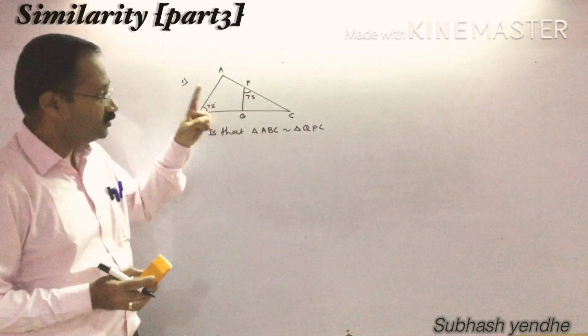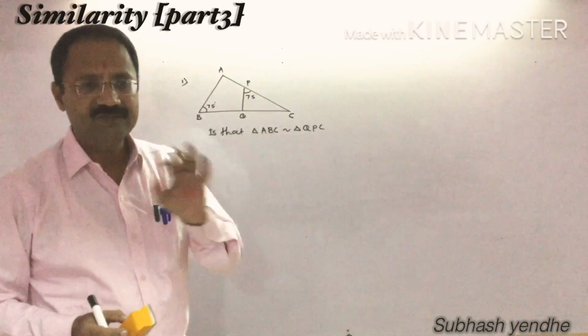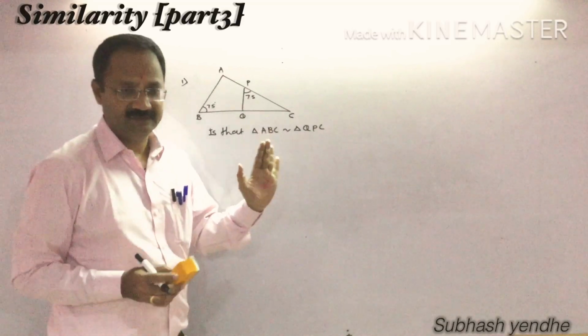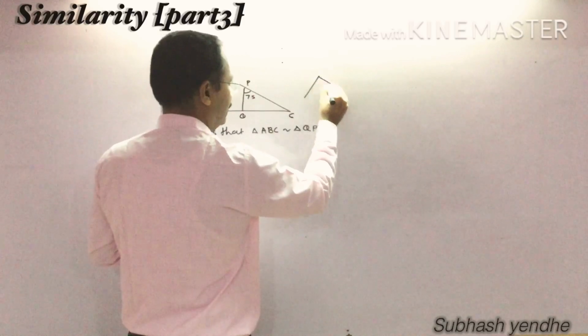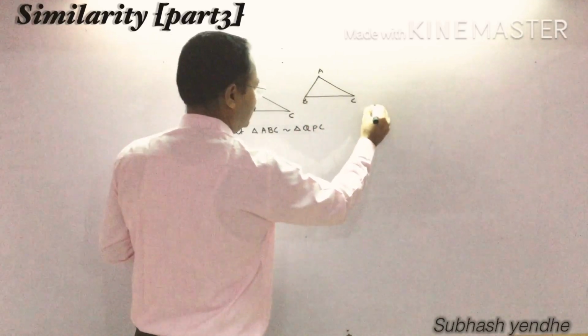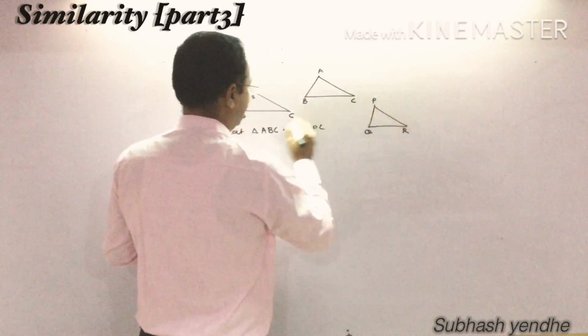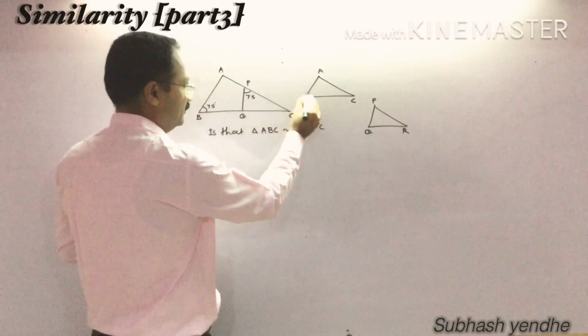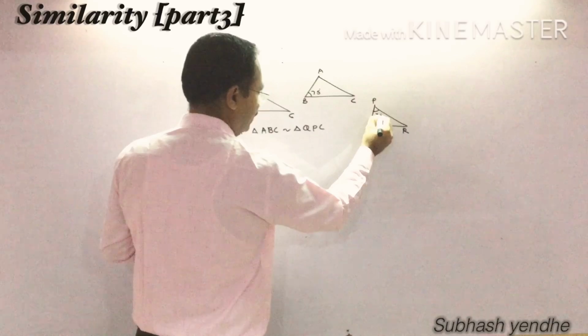If you want to show that triangles are similar, first always split the triangles. So I am going to split the figure here. This is triangle ABC and this is triangle PQC. Then make the markings. B is given 75, P is given 75.